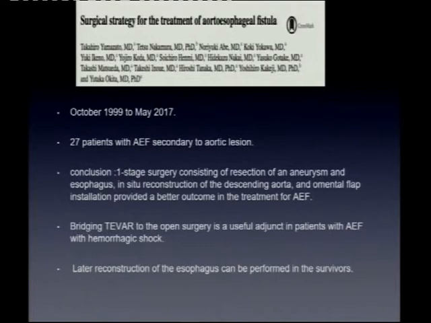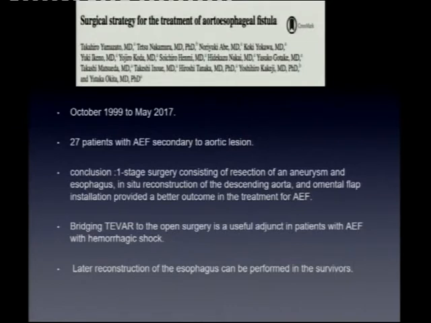The other paper was written by Takahiro Yamazato, and it was published in 2018 about the surgical strategy for the treatment of aorto-esophageal fistula. They described 27 patients with aorto-esophageal fistula secondary to an aortic lesion and aortic surgery.